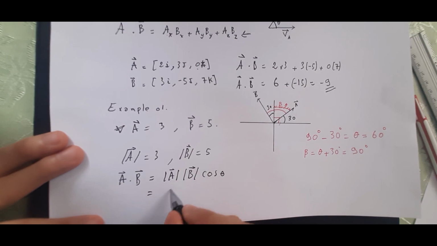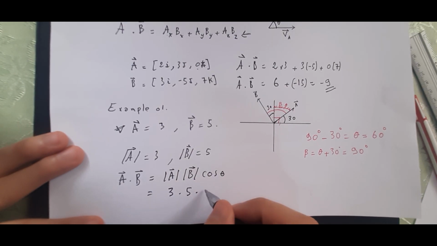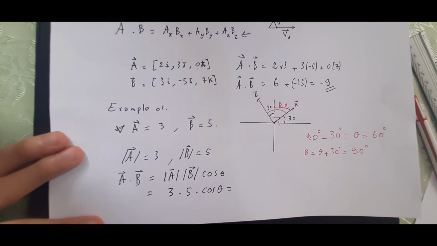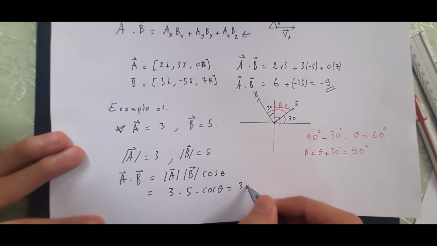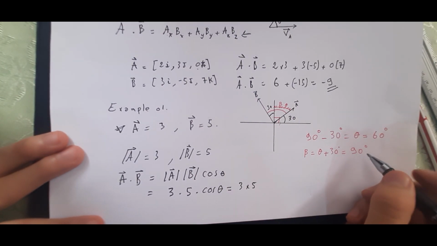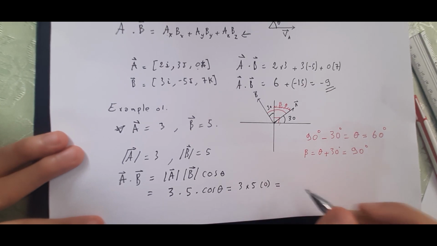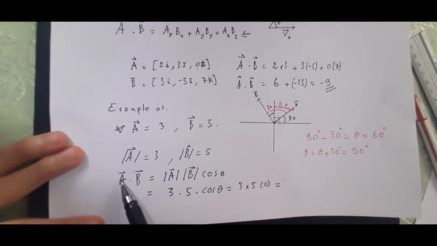And we get 3 times 5 times cosine of 90 degrees, which is 0. And we get the dot product between vector A and B is 0.